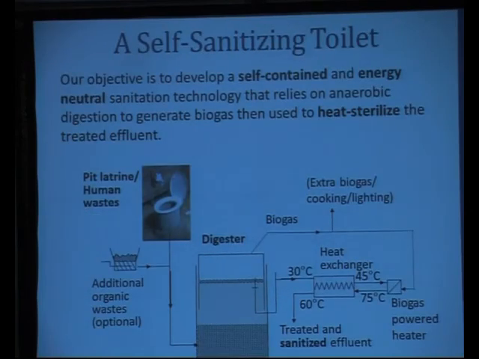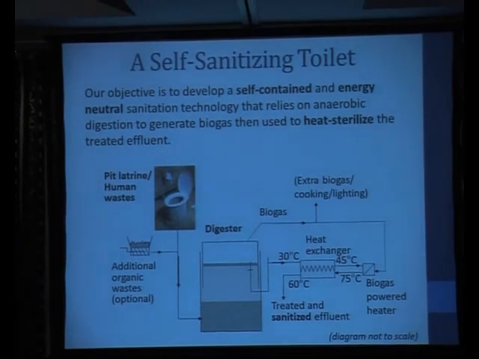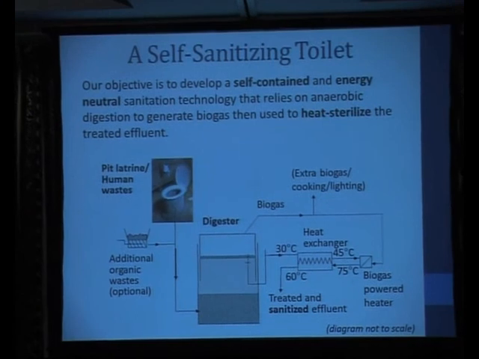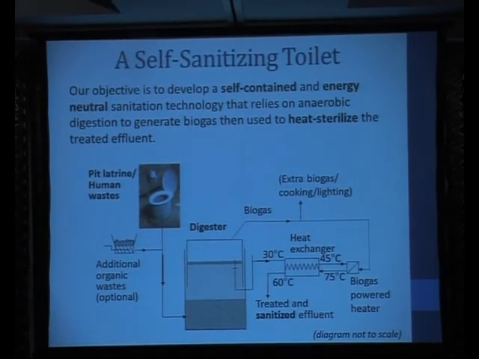So this is our process here. This is our idea. If you think about collecting human waste as it would go into a pit latrine and putting it undiluted into a digester, conduct anaerobic digestion, and recover the gas, and then burn the gas into a very effective heater that is located on the far right.